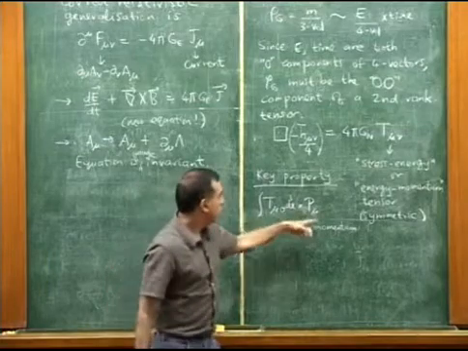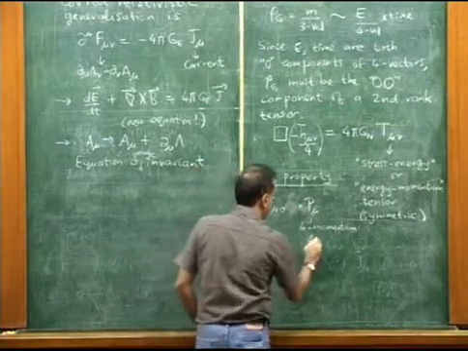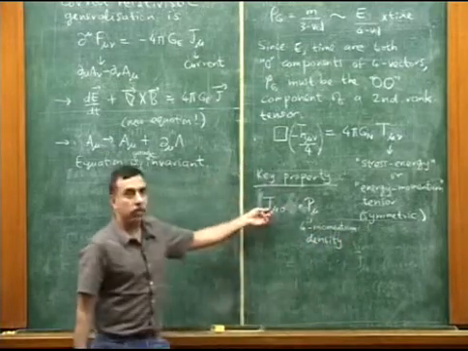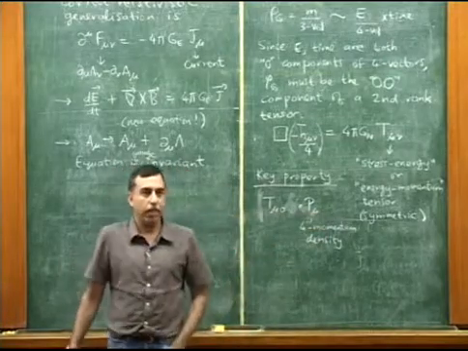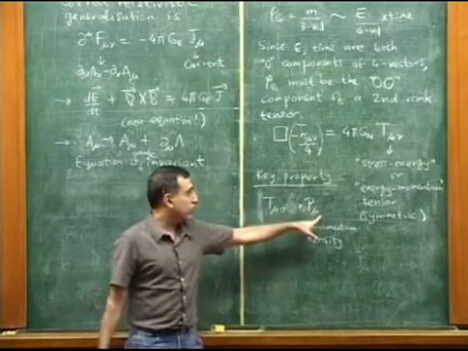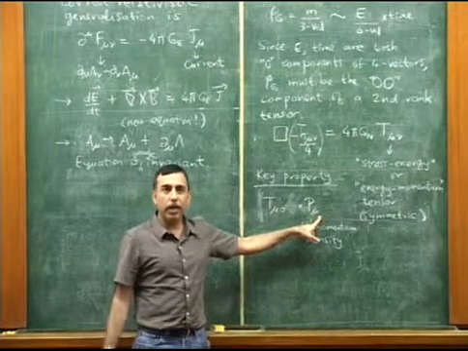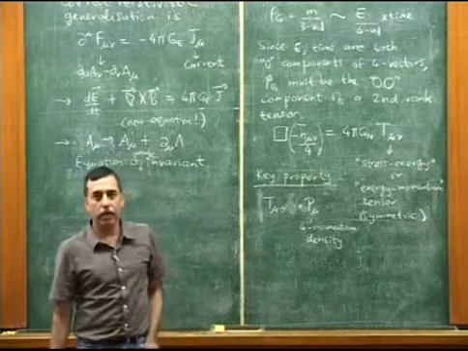If I didn't integrate, then it's the four-momentum density, four-momentum per unit volume. So if I integrate this over all of space, then I actually get the four-momentum. This shows you that if mu is 0, then T00 is the 0 component of the four-momentum density, which is the energy density, which is exactly what we started with. So everything is right so far.